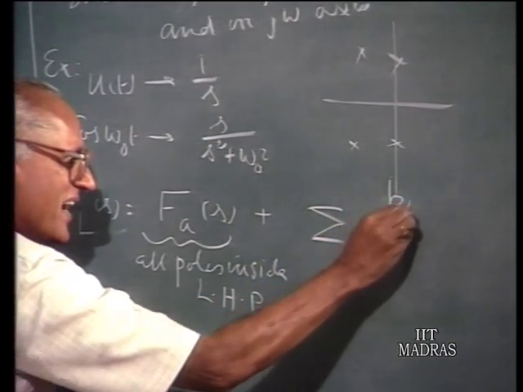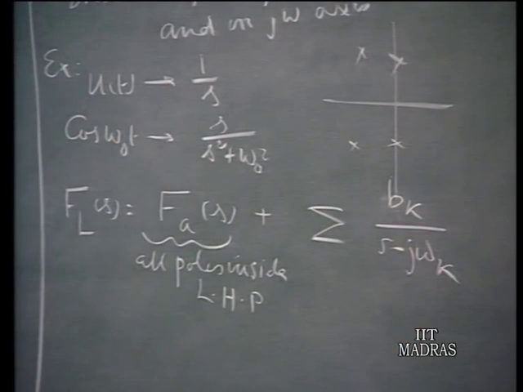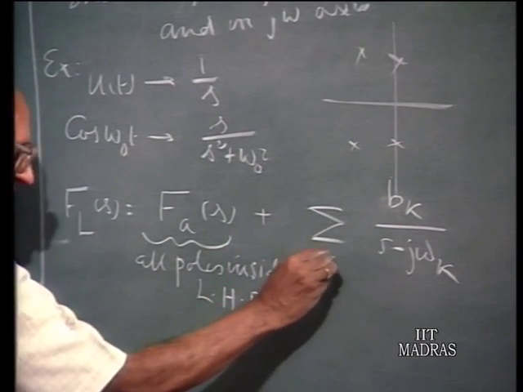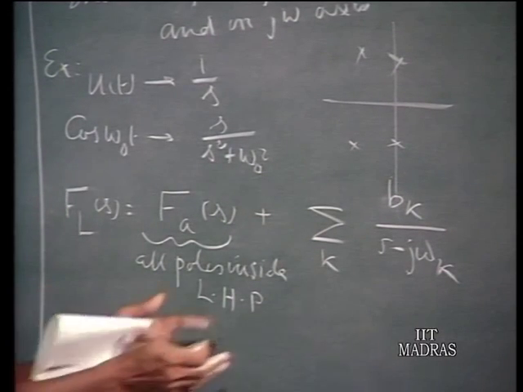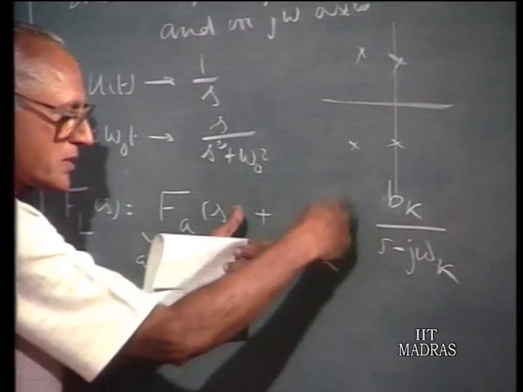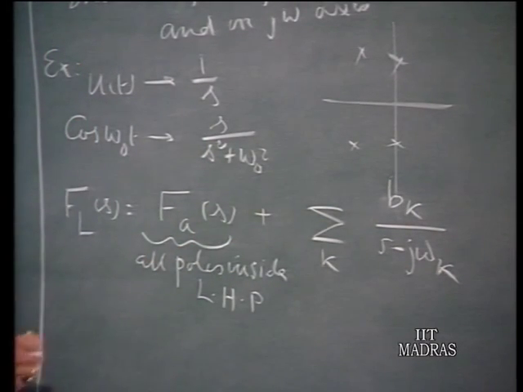Let us say b k over s minus j omega k. So it will have b k over s minus j omega k, where the summation is on k. That means the Laplace transform F L of s can be thought of as the combination of the terms which correspond to poles on the imaginary axis plus terms which do not involve poles on the imaginary axis, which have all poles inside the left half plane corresponding to case A.